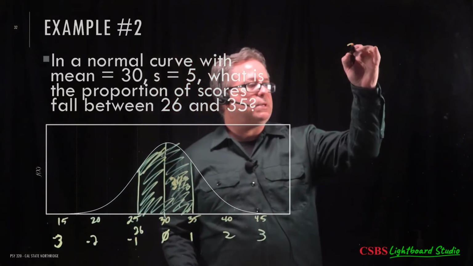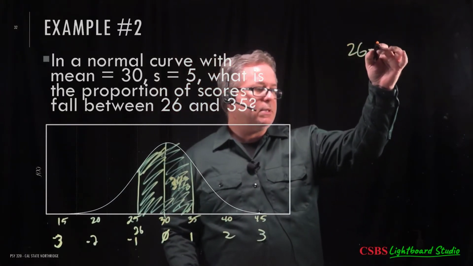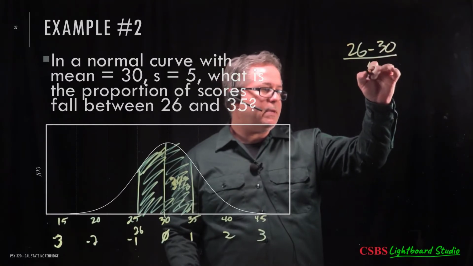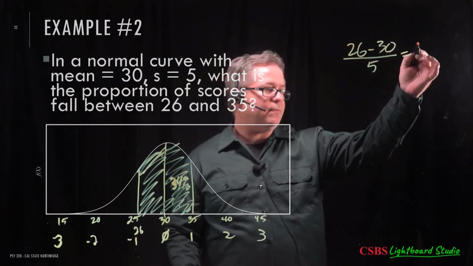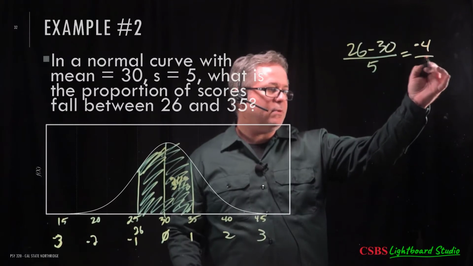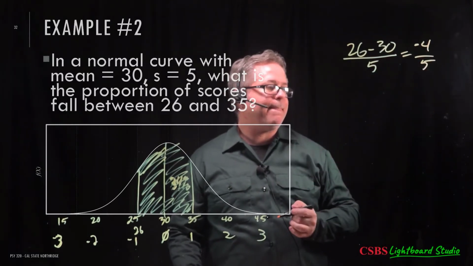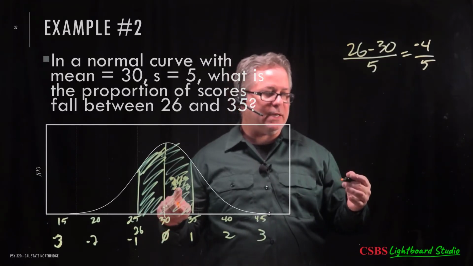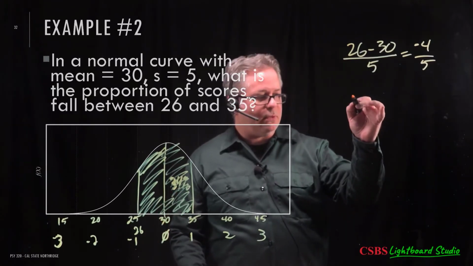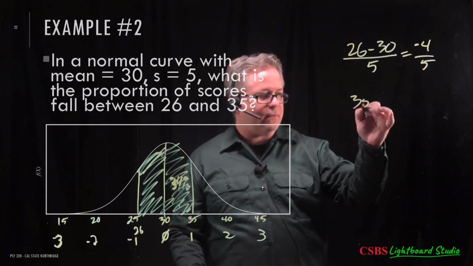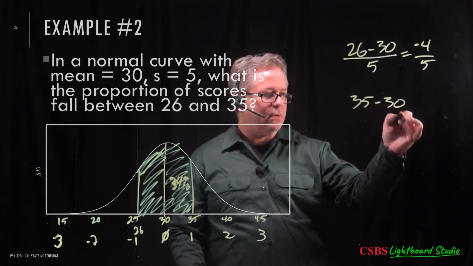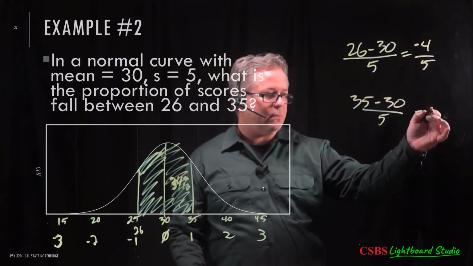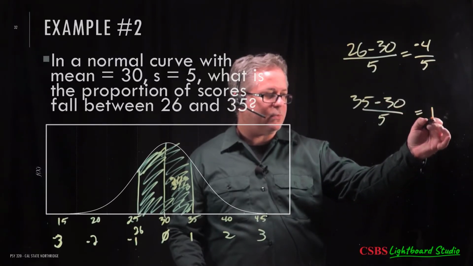So 26 minus 30 over 5 equals -4 over 5. And then we also need to figure out, just for the sake of argument, if you forgot this part, you would just do 35 minus 30 over 5 equals 5 over 5, which is 1.